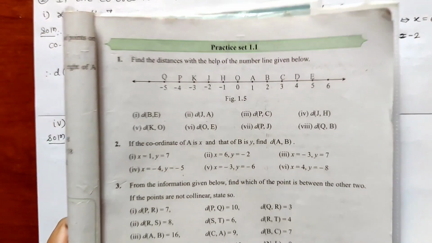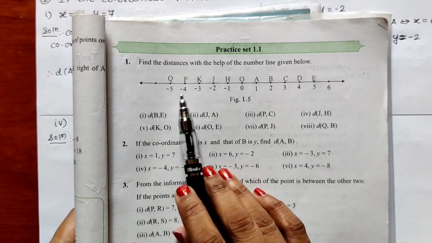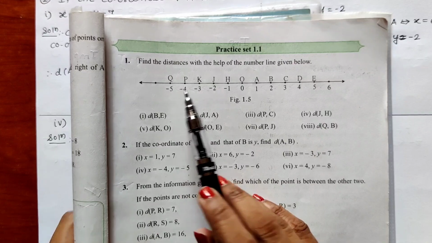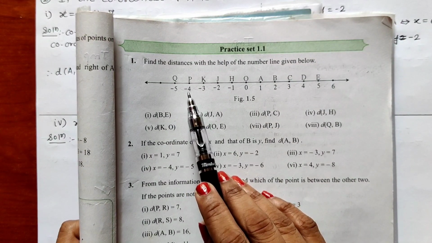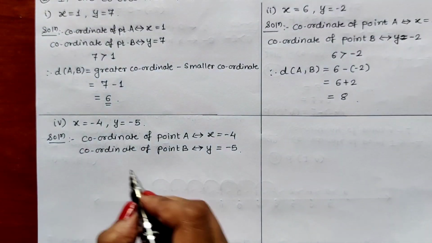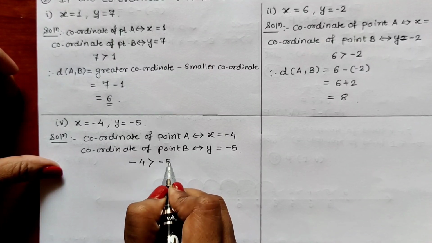If you check from the first sum, the number line is given to us, and when we go on the left hand side, number becomes smaller. So minus 5 is smaller than minus 4. Minus 4 is bigger than minus 5.